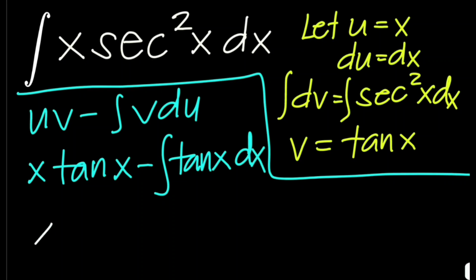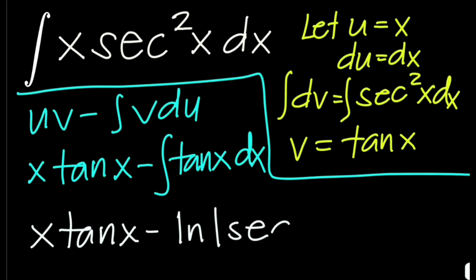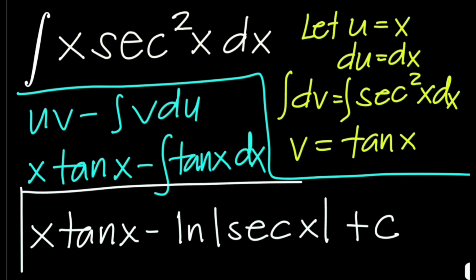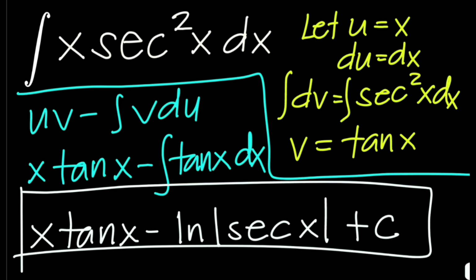And now this would become x tangent x minus, okay, the integral of tangent x is just ln of secant x. So this is just minus ln of secant x plus c. Therefore, the integral of x secant squared x dx is just equal to x tangent x minus ln of secant x plus c.